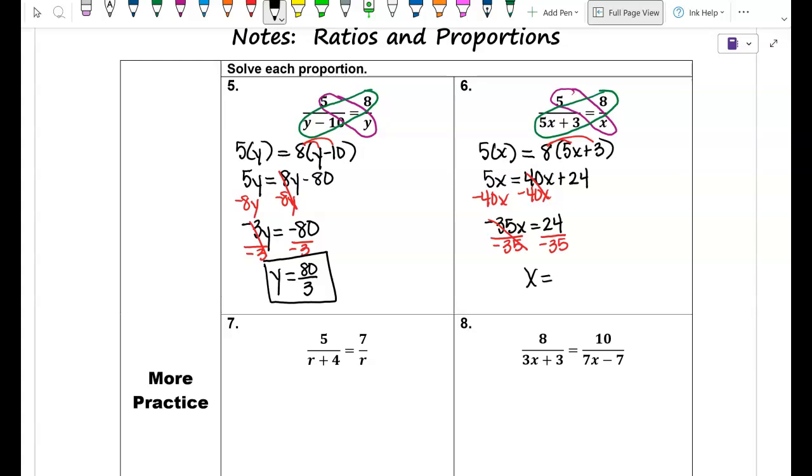And we get x equals negative 24 over 35. If we're looking to reduce, the only numbers that go into 35 are 5 and 7. Neither of those goes into 24. So this would be our answer, negative 24 35ths.